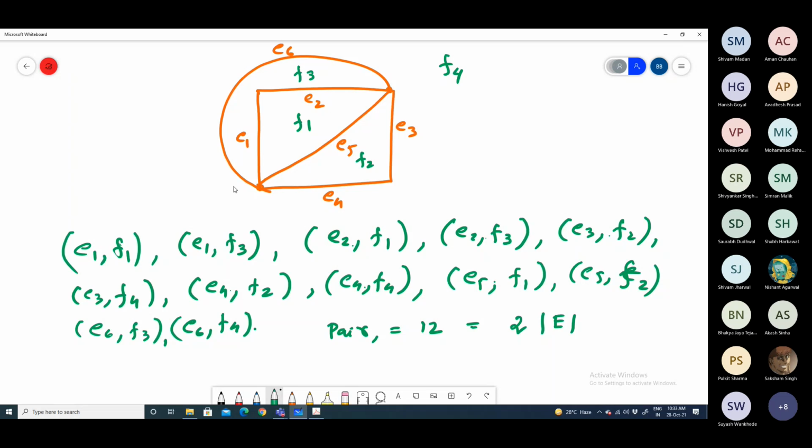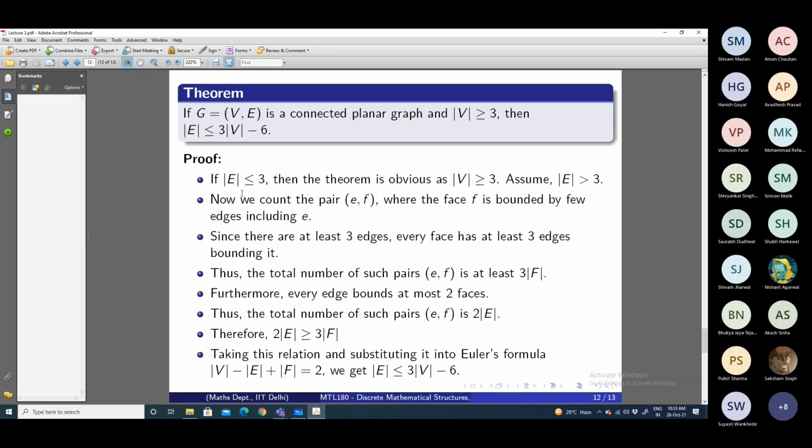So here we count all possible pairs EF, where F is bounded by a few edges including E. Since each edge bounds at most two faces, the number is 2E. So if we count first E and then F, the number is 2E.